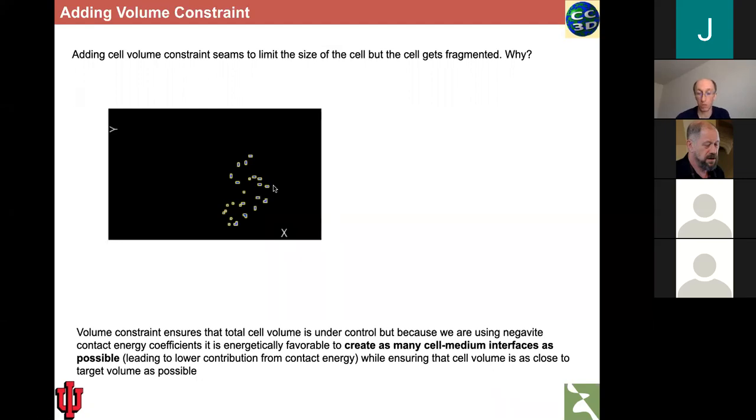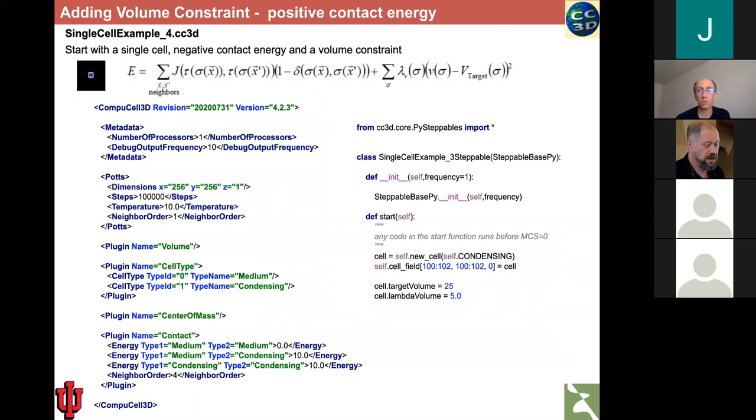So that's why. So let's do the final exercise for this section. It's called single cell example 4. Okay, and I'm not gonna run it. I'll just tell you what happens here. Or maybe we'll run it. Essentially, we use the same setup.